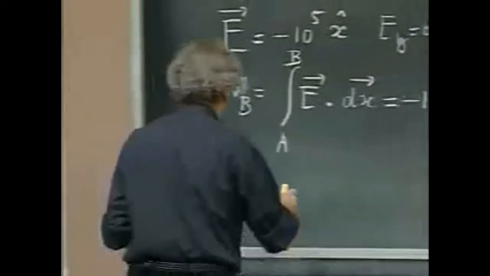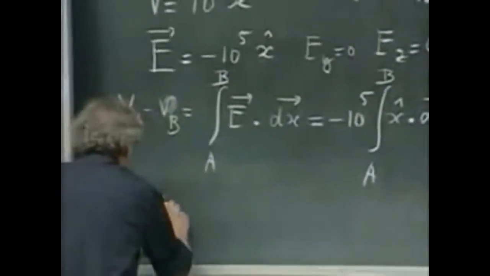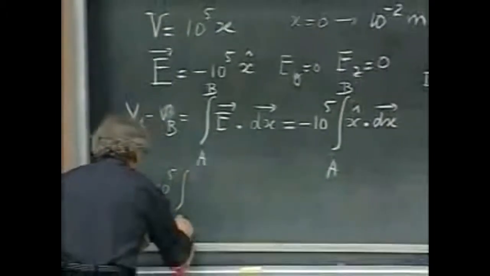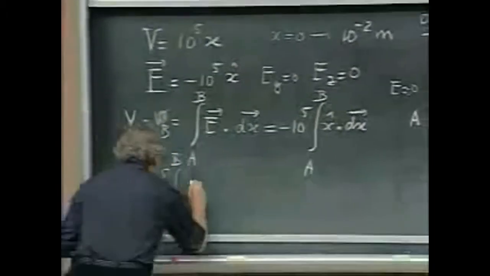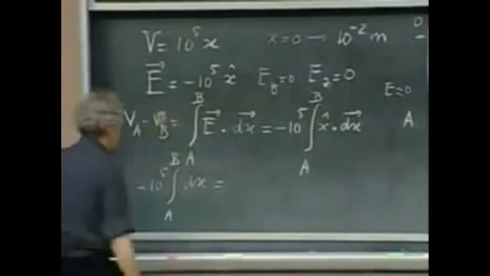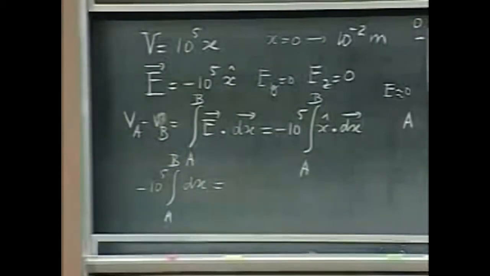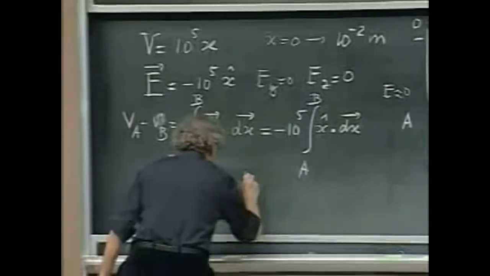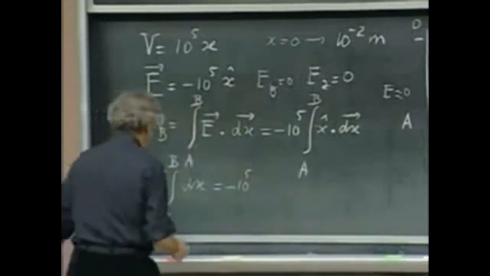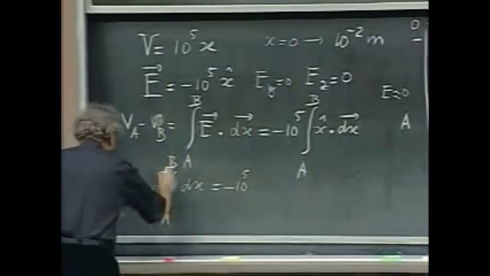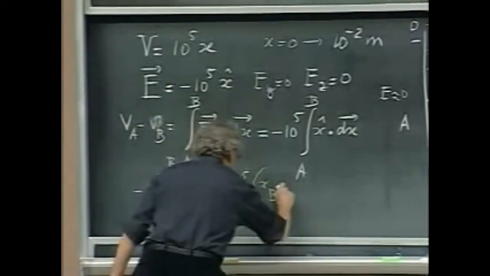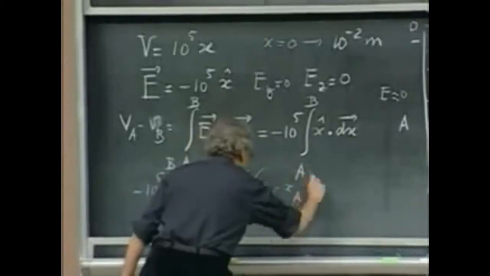And so this becomes minus 10 to the fifth times the integral in going from A to B of dx. And that is trivial. That is minus 10 to the fifth times the location. I have to do the integral between A and B. So I get here x of B minus x of A.